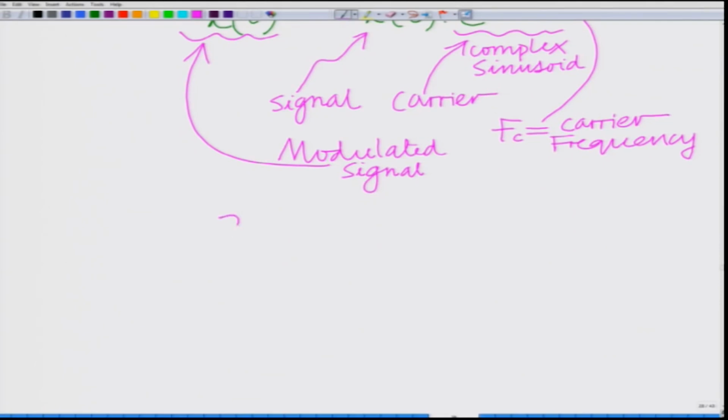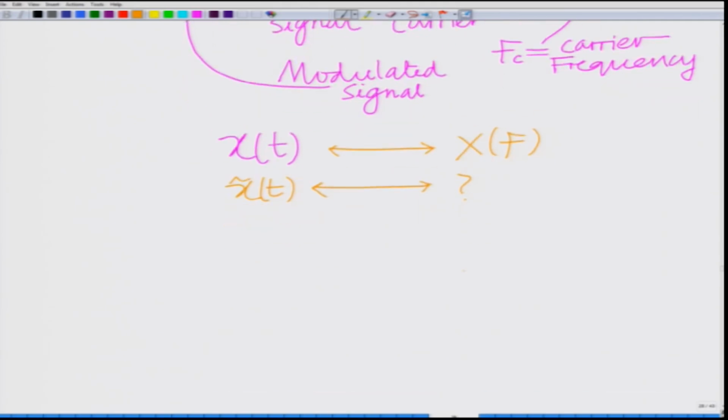Consider a signal x t which has the Fourier transform x f, that is, they form a Fourier transform pair. Now, what is the Fourier transform of the modulated signal x tilde t?